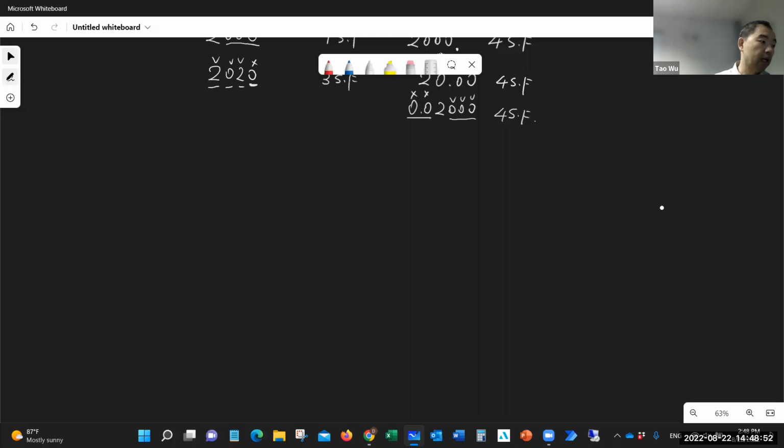Okay, and the next part, we're going to talk about how to cut off the numbers, how to make the correct sig fig from the given numbers. For example, the pi number. How many numbers can you remember after the dot? 3.14.